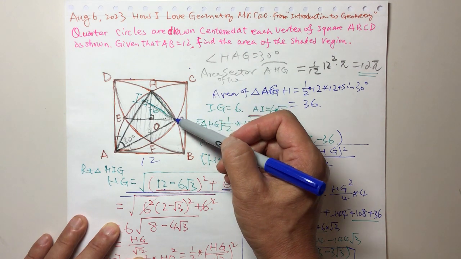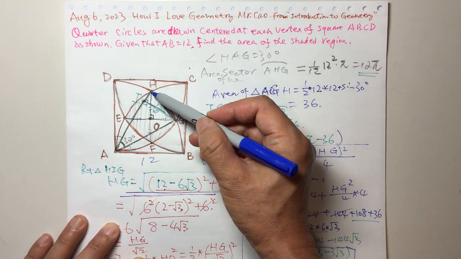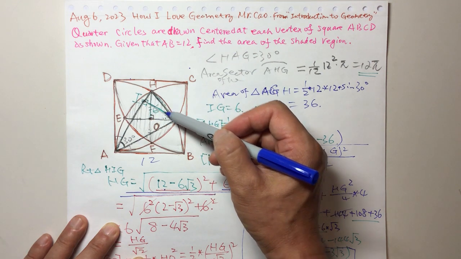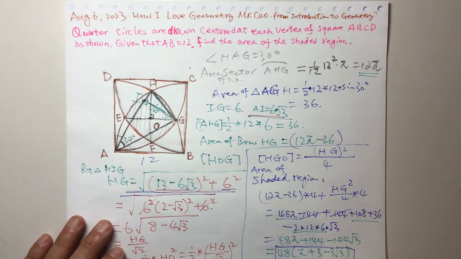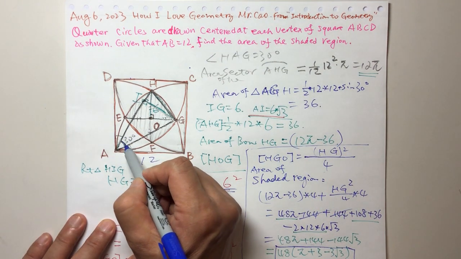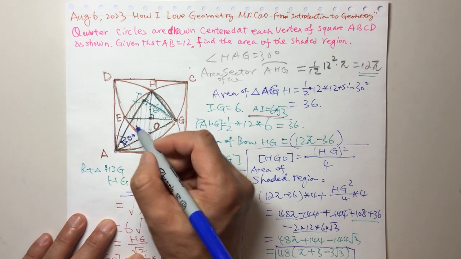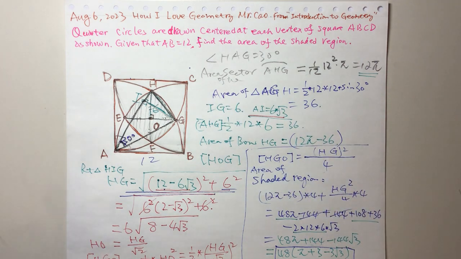One is easy to find, the bow area of this bow, and then we can easily get the area of the isosceles right triangle. At first we just proved this is 30 degrees, right? This angle, and all of them can be solved fluently.